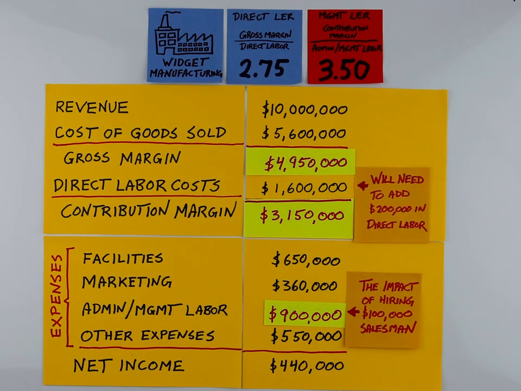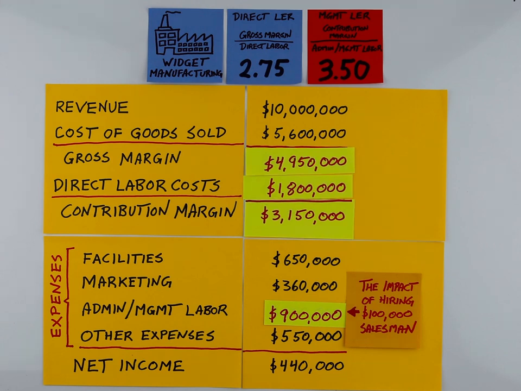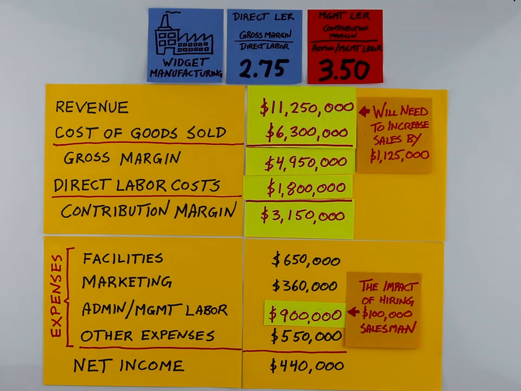That means we're going to have an additional $200,000 in direct labor at a 2.75 to be able to handle all that new work. And if we do the factors, the same percentage for cost of goods sold, we can now factor in that we're going to have to add $1.125 million in sales in order to be able to hit the new gross margin number.